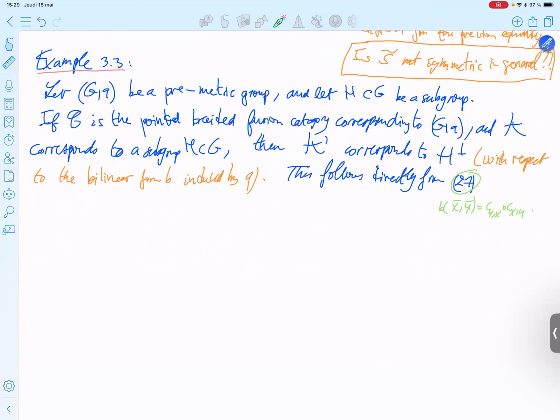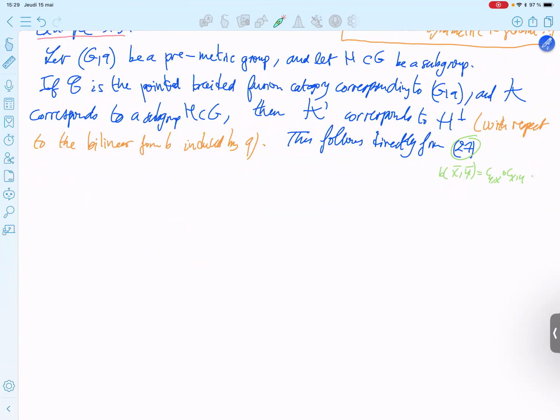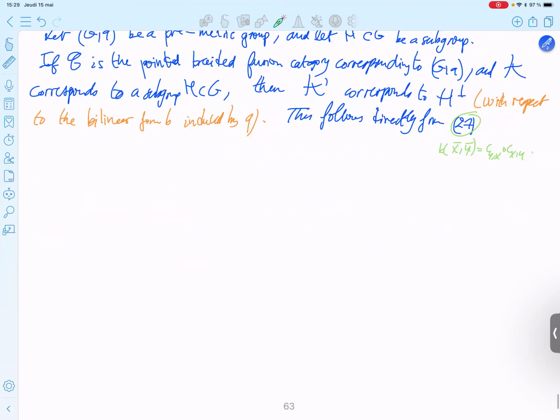We will discuss the main properties in general, not in the pointed case. But you have to know that in the pointed case, it corresponds to well-known properties of orthogonal complement.